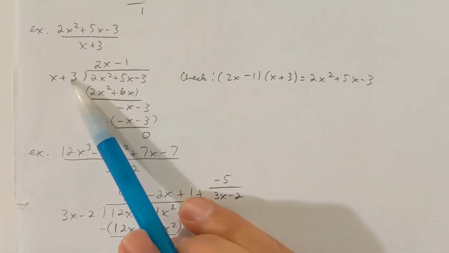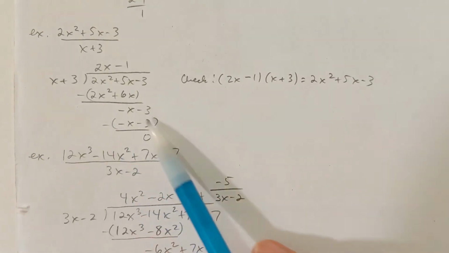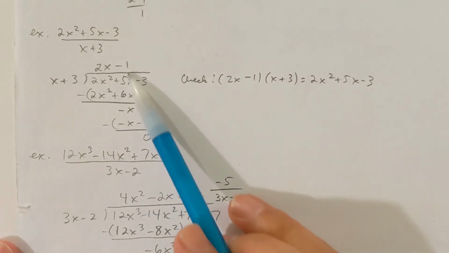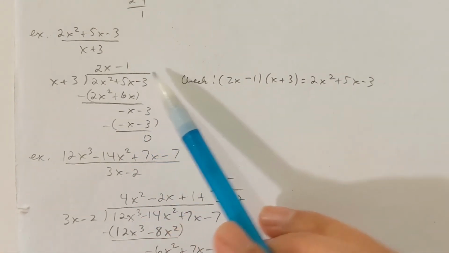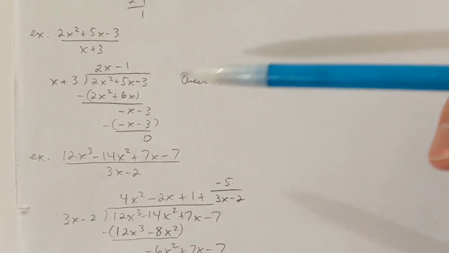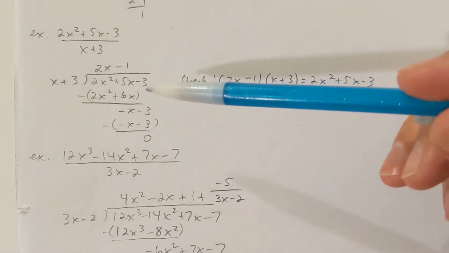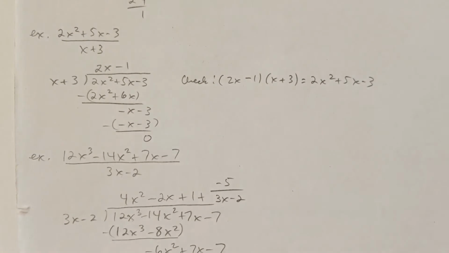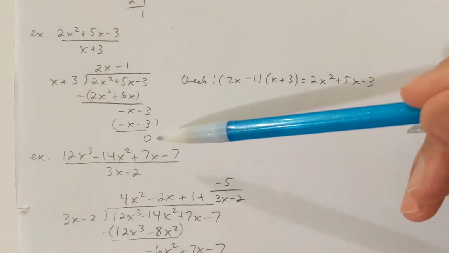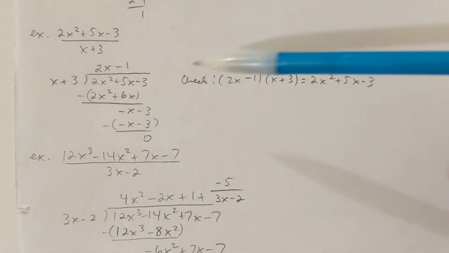So now I'm looking at how many times x plus 3 goes into negative x minus 3. Well, I can do that negative 1 times. Negative 1 times x plus 3 gives me negative x minus 3, which I'm subtracting. That would leave me with a remainder of 0.